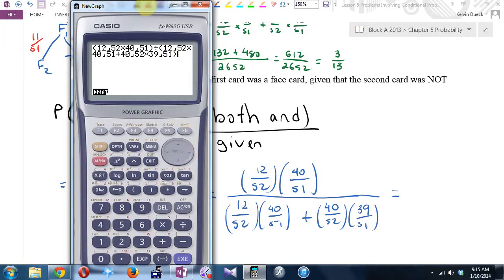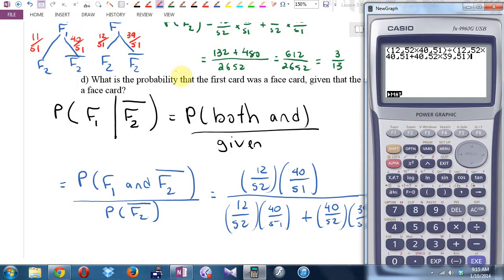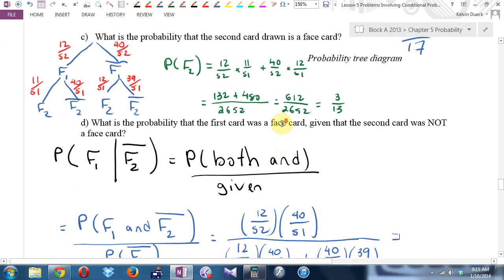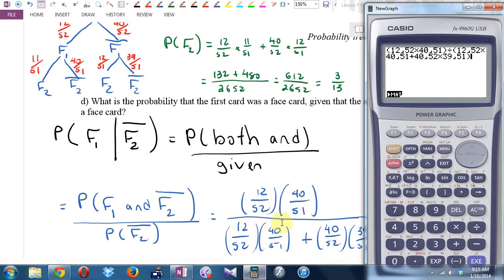Now let's go check your tree. You said it's going to be, oh, you got to scroll up. You said it's going to be both, which means that and that, over the given, which means that branch or that branch.